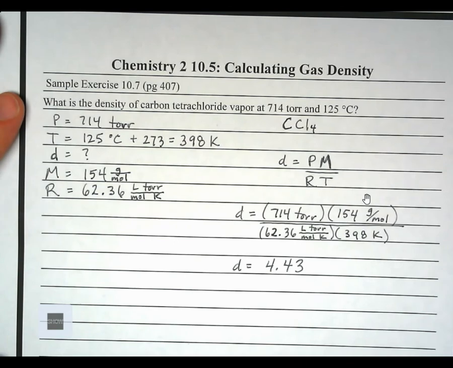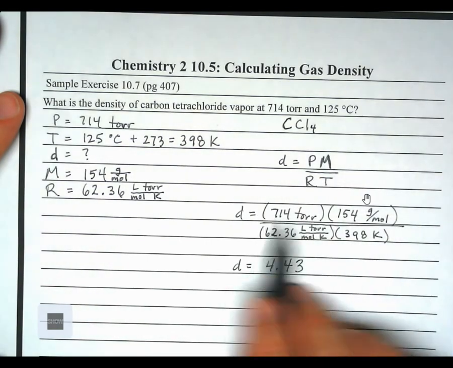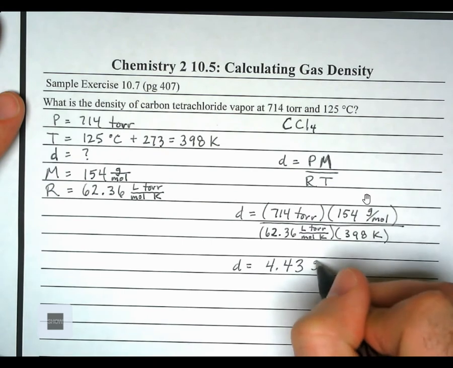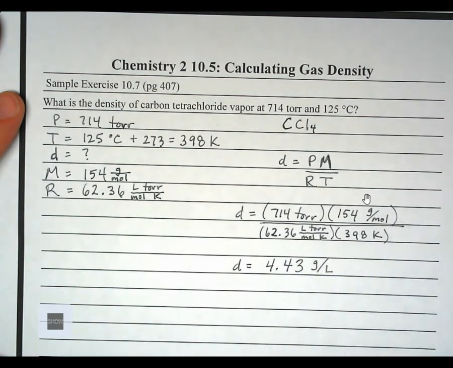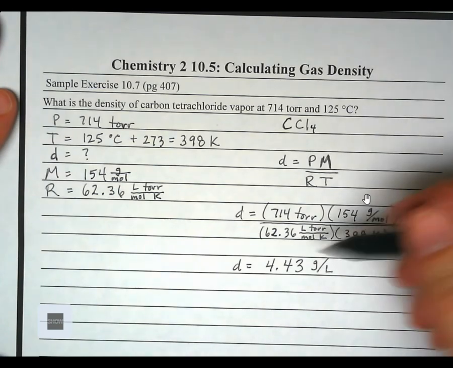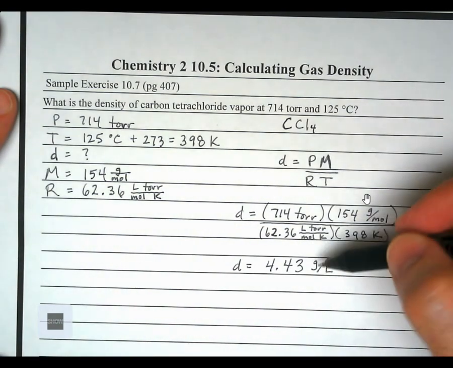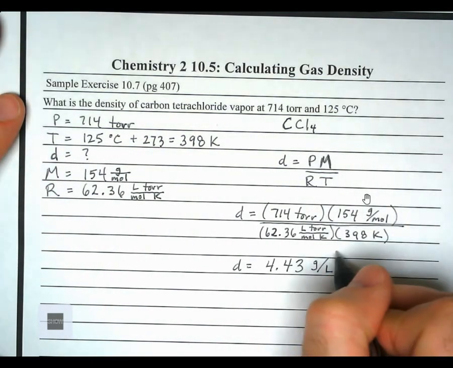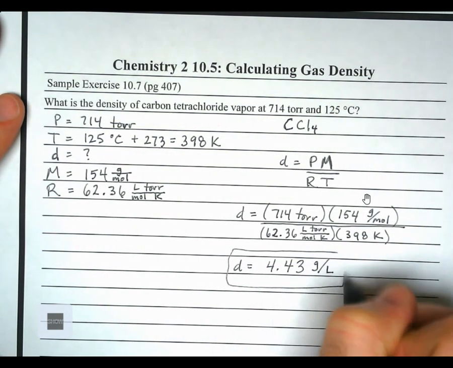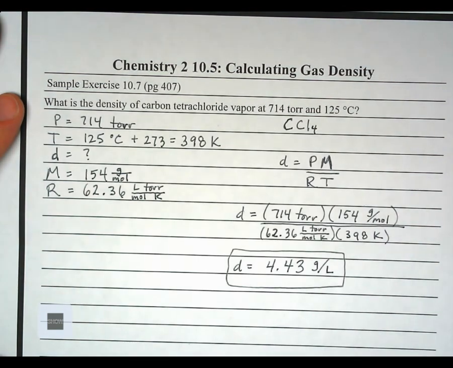Good. Grams on the top, liters on the bottom, grams per liter, which makes sense, right? What is density? Density is mass over volume. So we should have a label that's a mass label over volume. Boom. Works. All right.